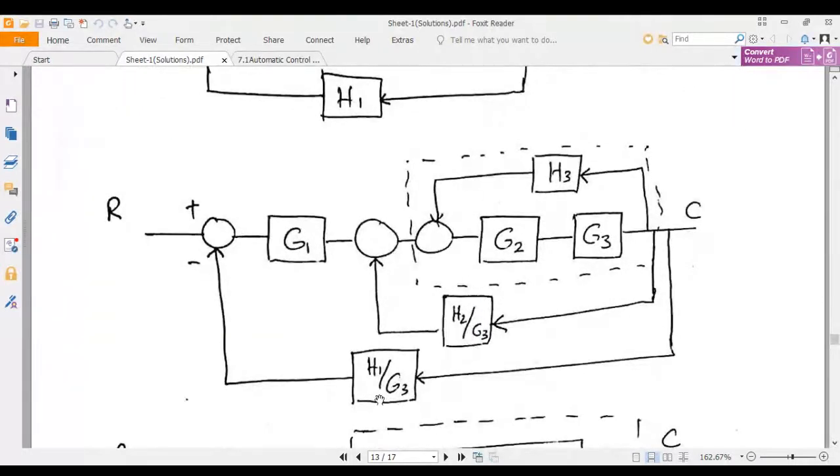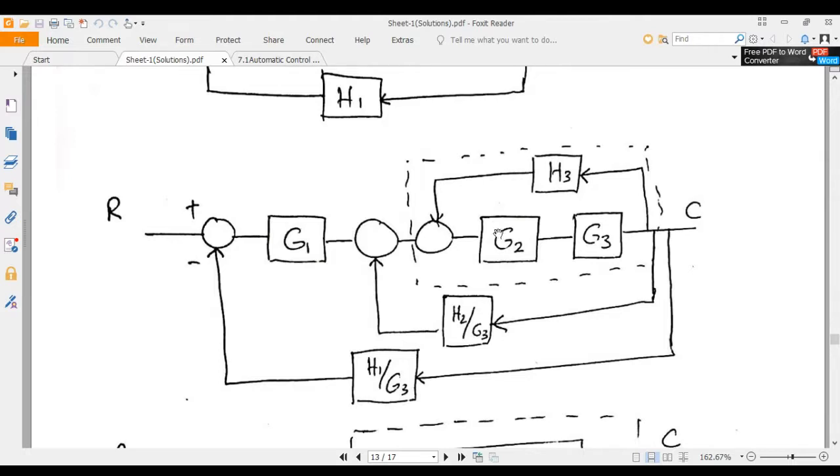In the same way, we have moved the two feedback paths, H1 and H2, from before G3 to after G3. Sorry, I said G1, this is G3, okay? So these two have been divided by G3. I think you have understood.